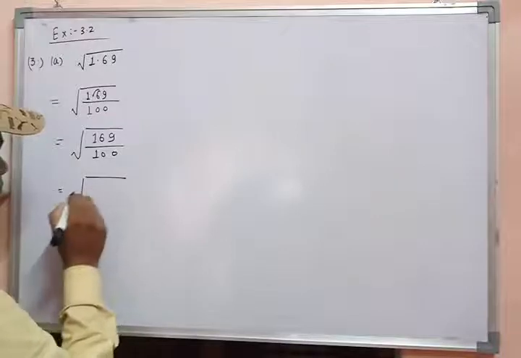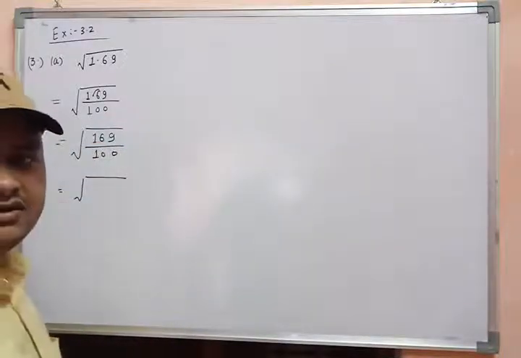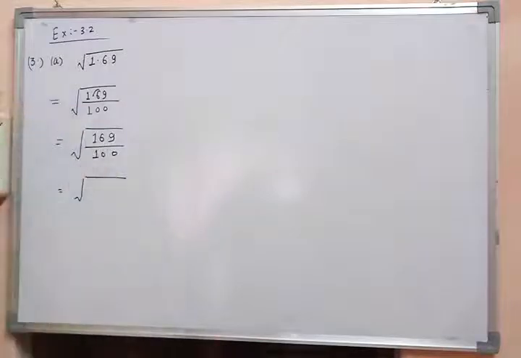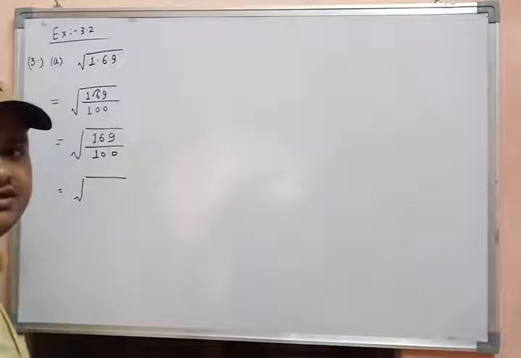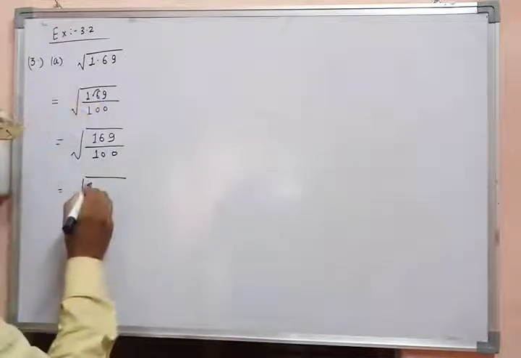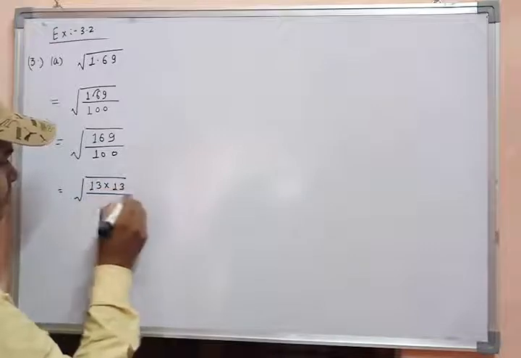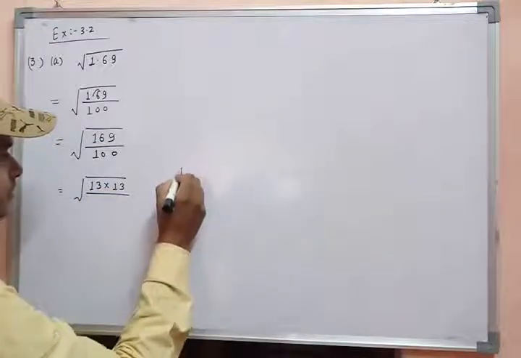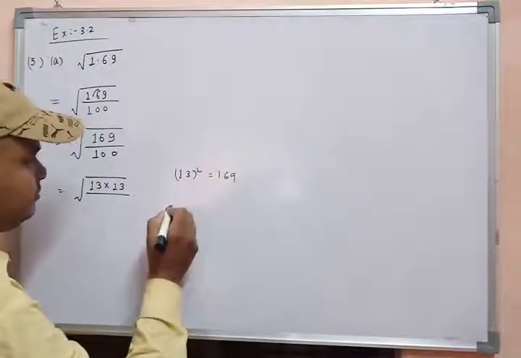Now you know that if you want to convert 169 into prime factors, then you have to write 13 multiplied by 13, because 13 square is equal to 169.